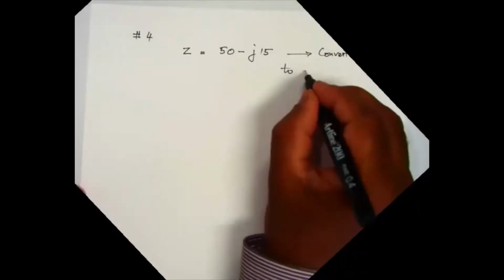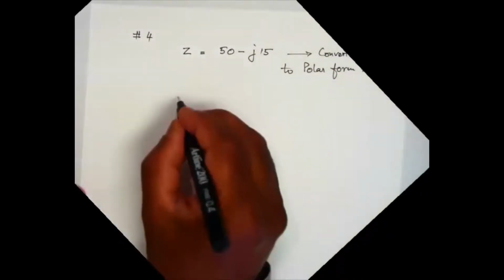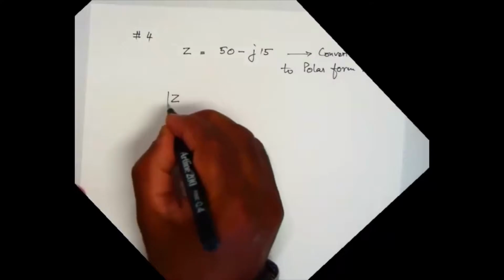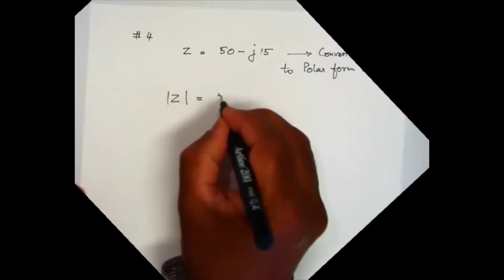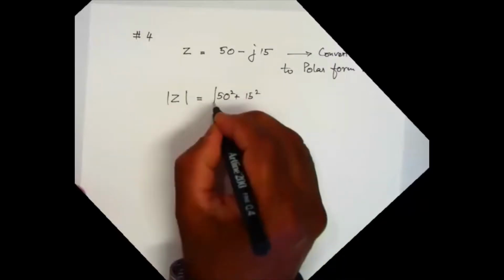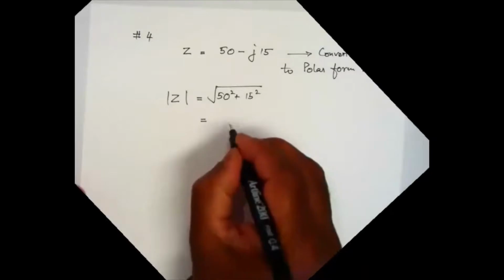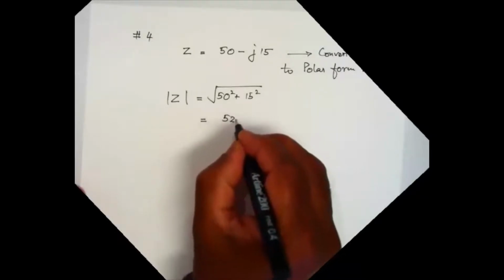So say the modulus of Z is equal to the square root of 50 squared plus 15 squared, which I will write straight away as 52.2.